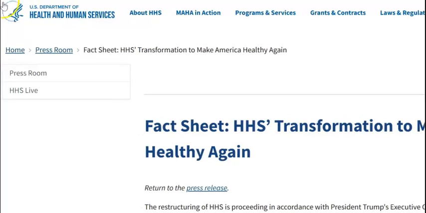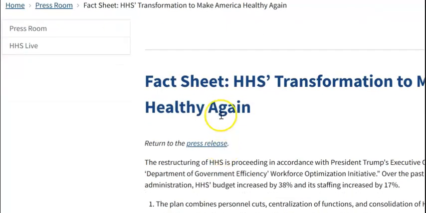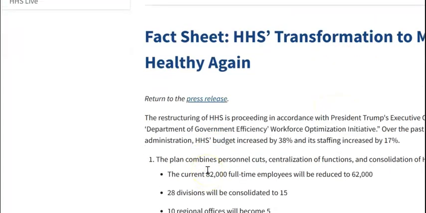So if you are listening to the news, you know that there's a lot going on with HHS under the direction of RFK Jr. A lot of changes have been made. People are on both sides of these changes. But I want you to look at the fact sheet that was put out about HHS's transformation to make America healthy again. I realize you can't see all of that.